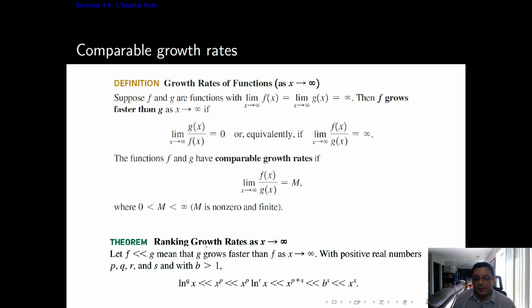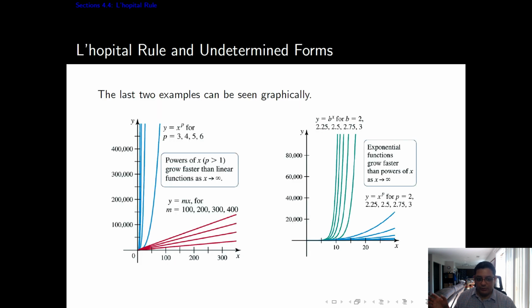And powers are overtaken by an exponential with a particular base, and a variable power to the variable is going to overtake a fixed base exponential. So this is the order and ranking of growth. You can see here how powers are going to overtake lines, and how exponentials are going to overtake different powers.